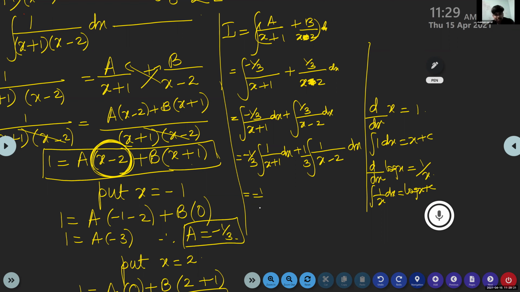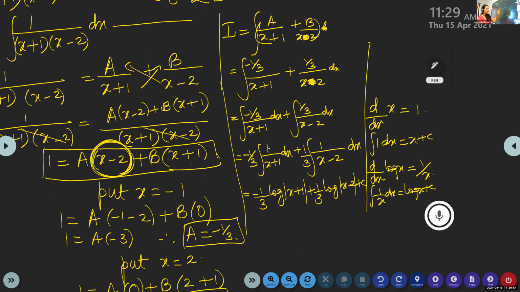So here it is log of x plus 1, and plus 1 by 3 log of x minus 2 plus c. Whenever the derivative of the denominator is in the numerator, look at the derivative of the denominator. What is the derivative of x plus 1? It is 1. So the derivative of the denominator is in the numerator. The same way for the next one.